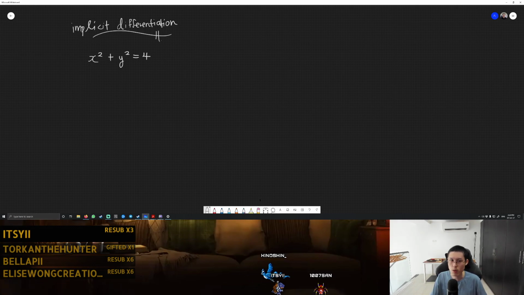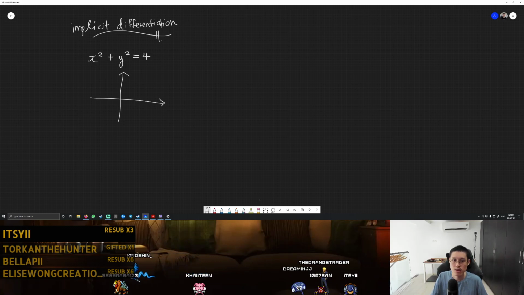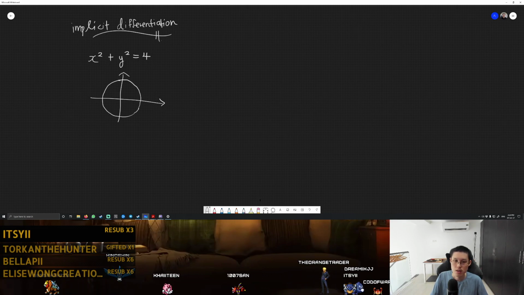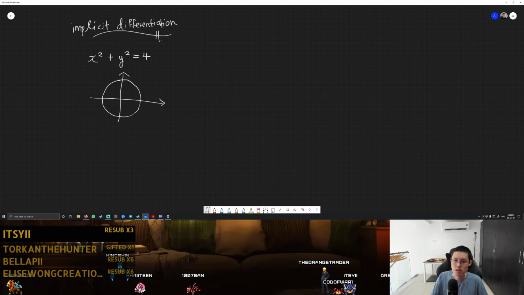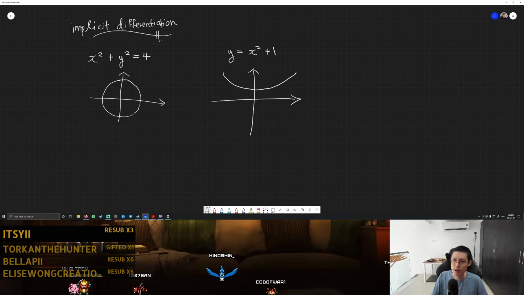It depends on the y coordinate and it depends on the x coordinate, because if you draw a circle out, and let's say we compare that with a regular quadratic, so for a quadratic, the gradient dy/dx only depends on the x coordinate.